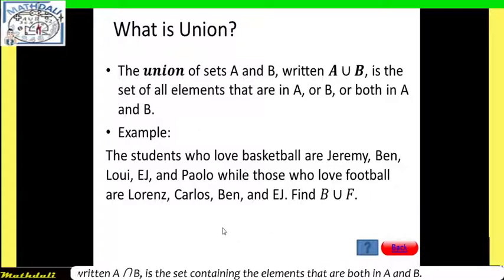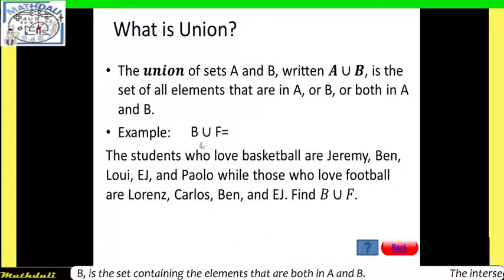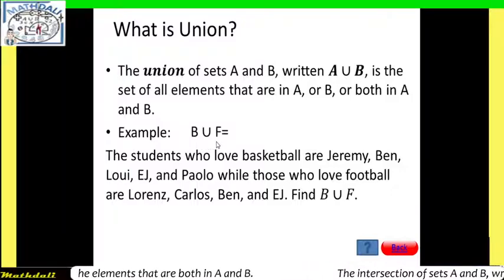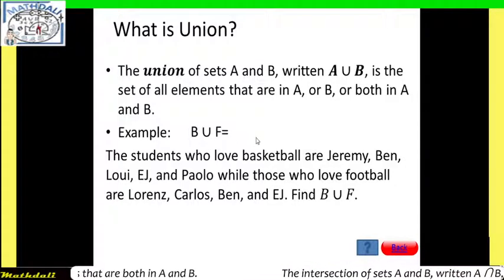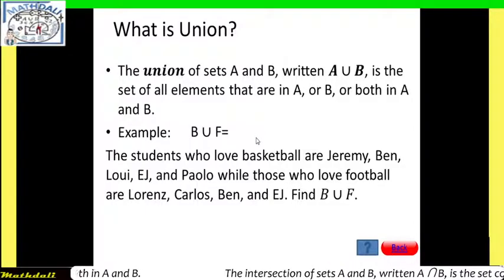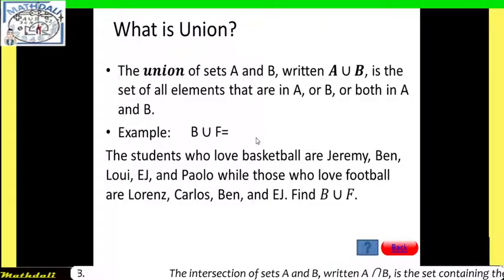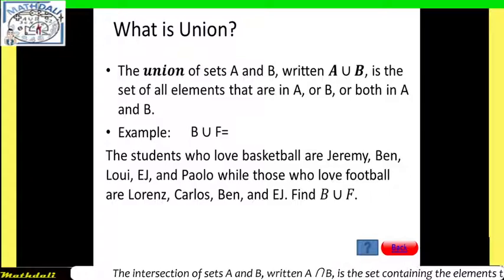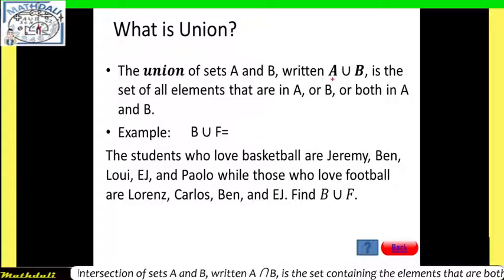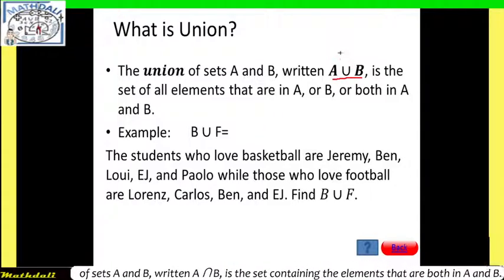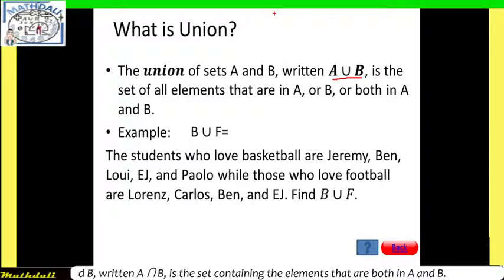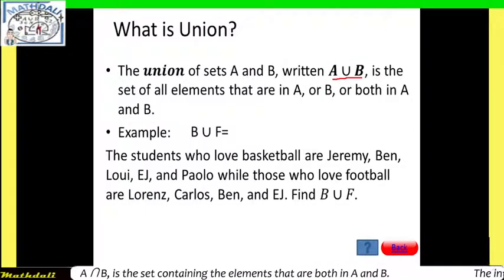So, hanapin natin yung union ni set B at saka ni set F. Okay, so first we're going to illustrate muna yung union ni set A at saka ni set B dito sa definition. So I'm going to make use a rectangle again.